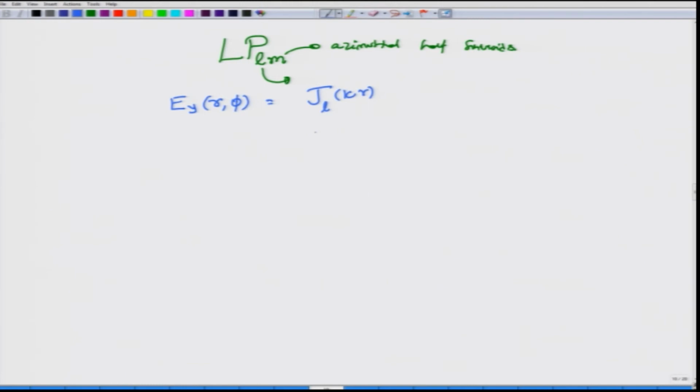Outside the core, of course, you will have KL of gamma r. Okay. You might be surprised to see this Bessel function type of behavior, but that is fine because we are not really looking at the components in r and phi, we are looking at components in x and y, right. So, this is a very important simplification that we are able to make, and then this Ey of r comma phi corresponding to the Lth mode would look something like this.